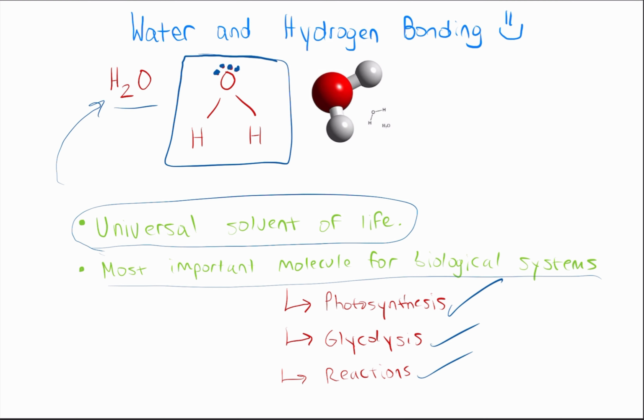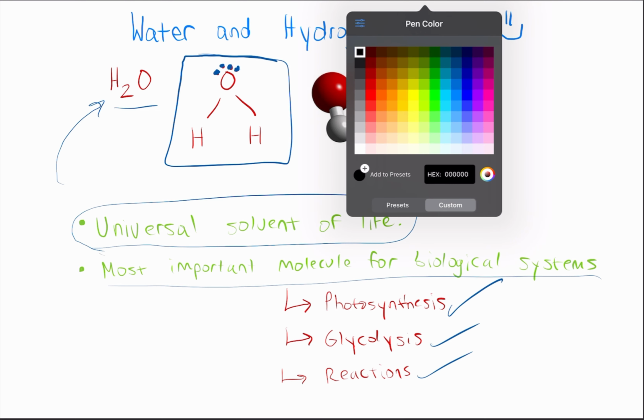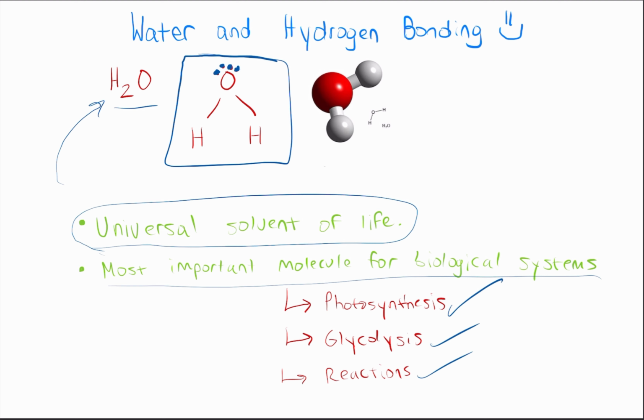Now, in the last video, I talked about electronegativity, right? And what we have here, if we draw this arrow, means that all of the electrons are being pulled towards the oxygen. This is because the oxygen is more electronegative than the hydrogens. So this oxygen is very greedy.